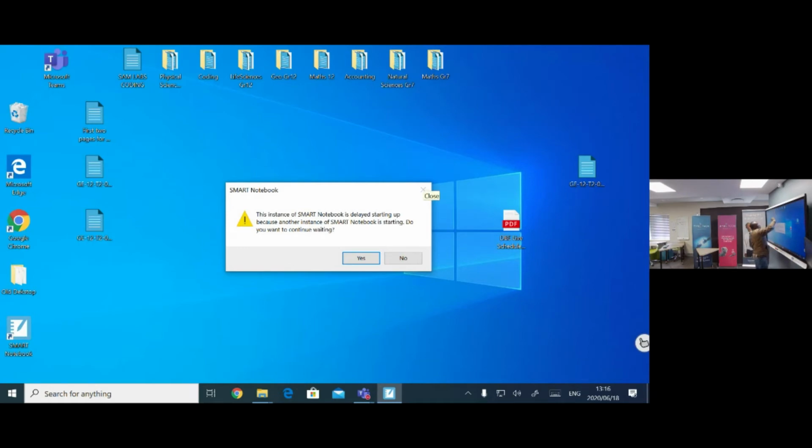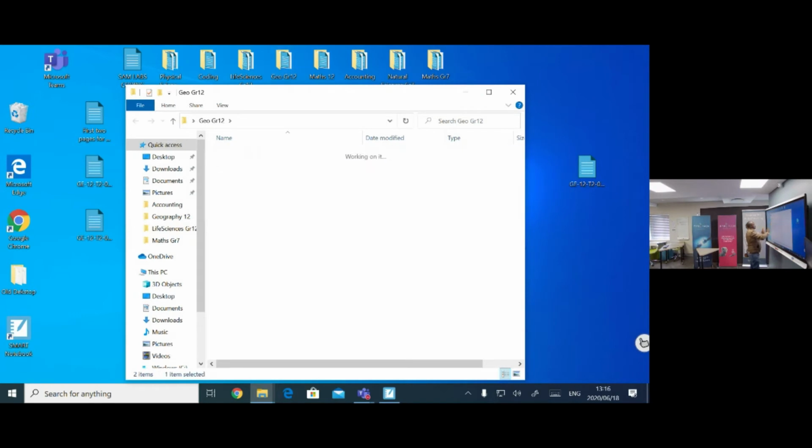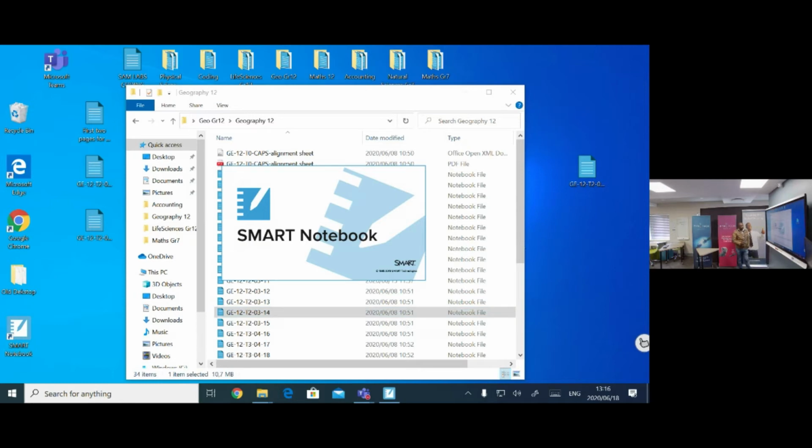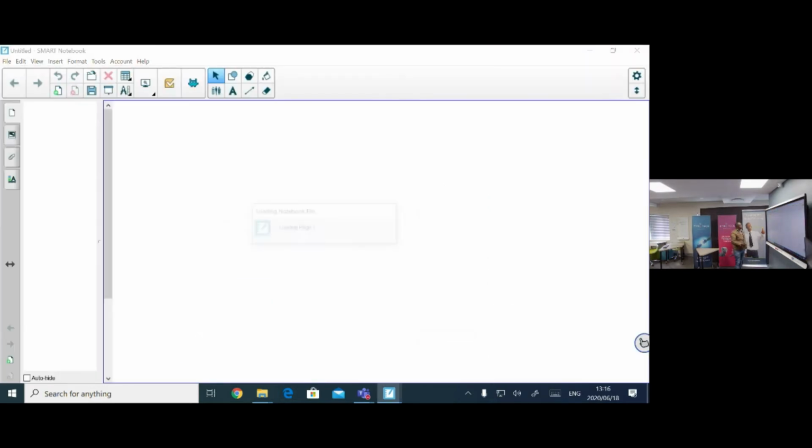There is something wrong here. You just need to go to lesson 14 and it's opening the wrong page. Right. There we are. It's opening.